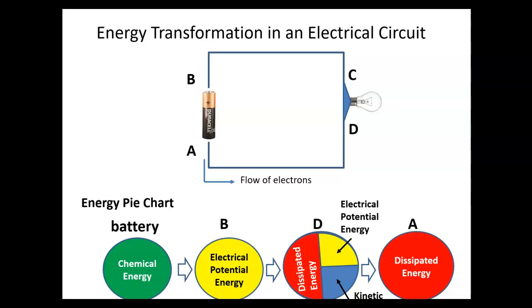Here's a representation of a very simple circuit that is using a battery to light a light bulb. And so electrons are flowing from the negative terminal around the circuit to the positive terminal. And so the chemical energy in the battery gets transformed to electric potential energy, which gets transformed to kinetic and dissipated energy.